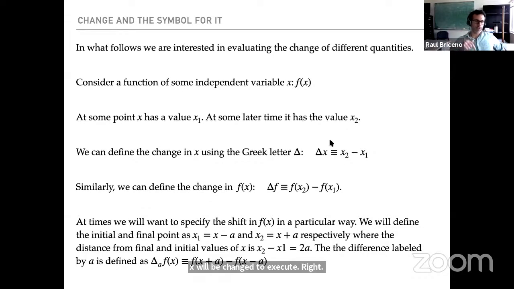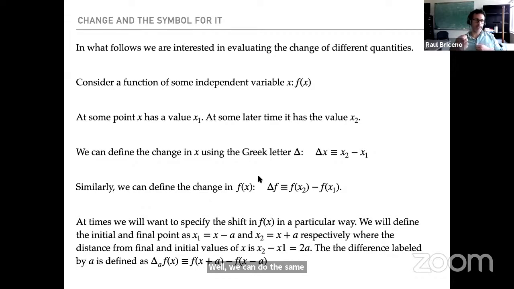The change in x, we're going to denote with the capital Greek letter delta, sticking to the Greek theme of today. So delta x is the change in x, which is just the difference between x at some later instance minus the original value of x. We can do the same for f.